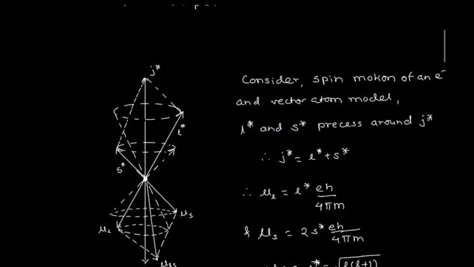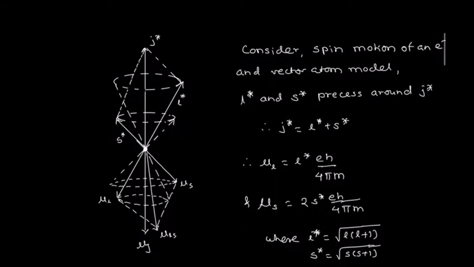Now, what is that theory? If we introduce the spin motion of an electron, which we discussed earlier, it results in the splitting of the energy level. But here the spin motion of the electron is introduced along with an external magnetic field.